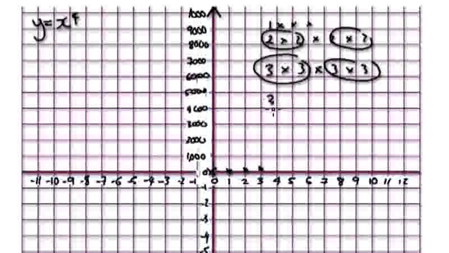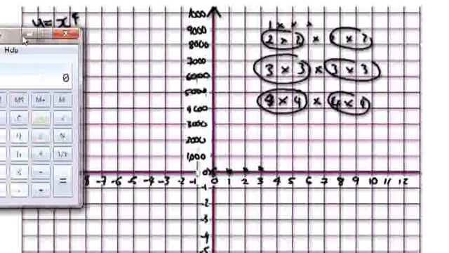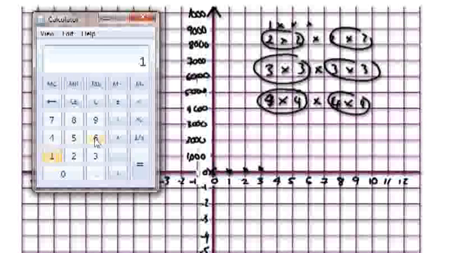Okay, now we've got to do 4 times 4 times 4 times 4. That's just like saying 16 times 16. So what's 16 times 16? 16 times 16 equals 256.